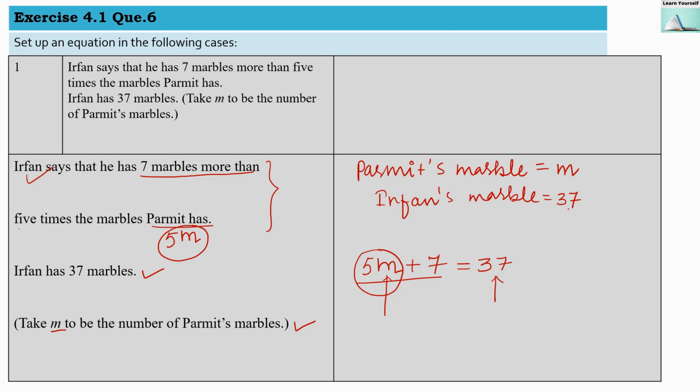Now 7 marbles more than that, so we have added here 7 and then equals to 37. So that is Irfan's count of marbles. So our equation here is 5m plus 7 equals to 37.